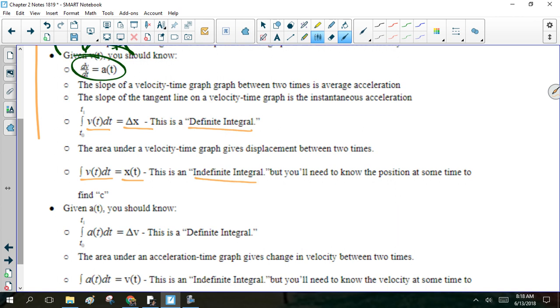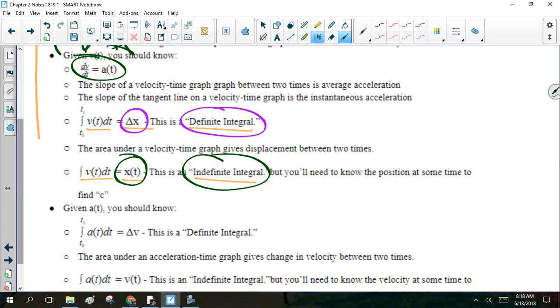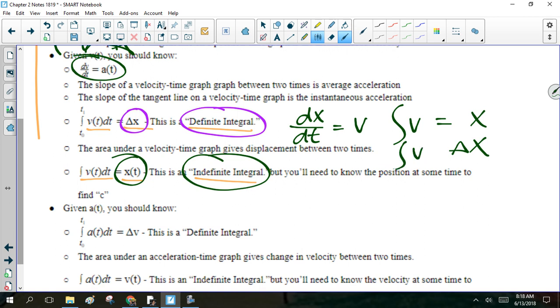A definite integral gives change in a value, whereas an indefinite integral gives the actual value. The reason this all works is because the derivative of position with respect to time is velocity, and so when you do your integrals, the integral of velocity is either position or change in position, depending on whether it's definite or not.